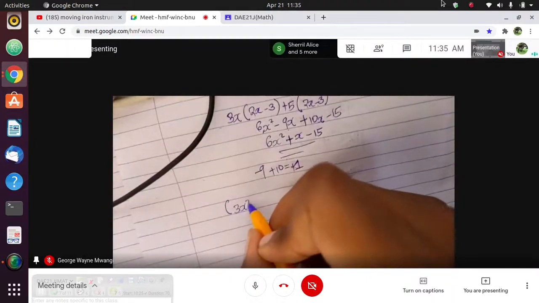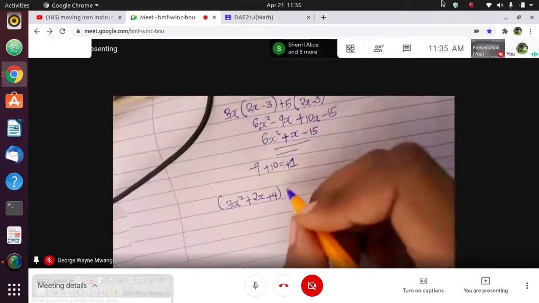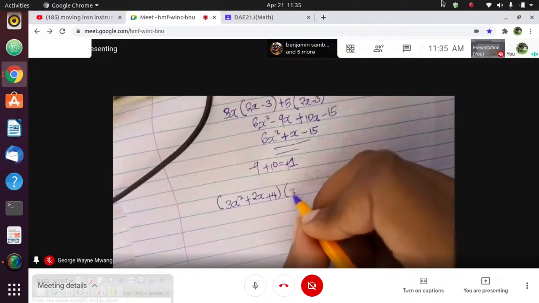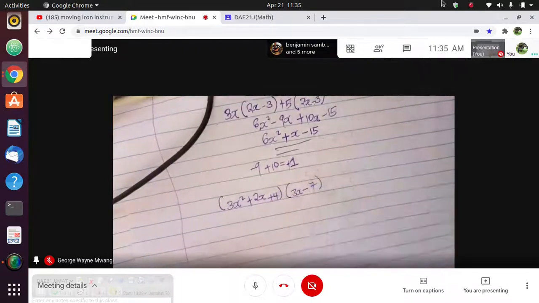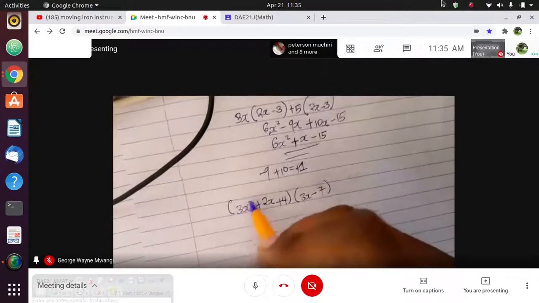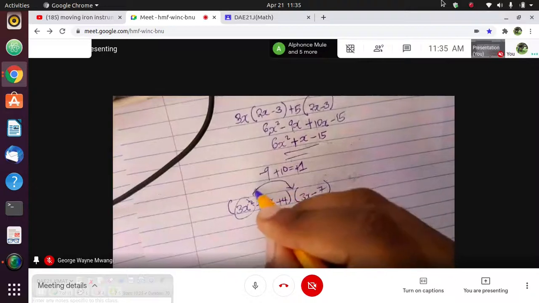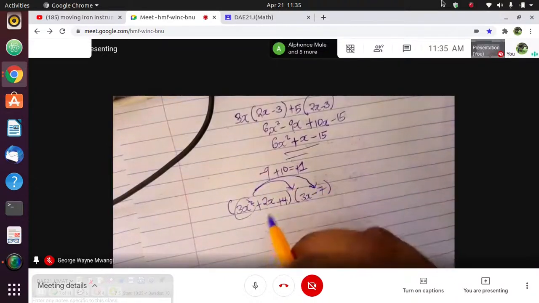3x squared plus 2x plus 4, in brackets, multiplied by 3x minus 7. We do what? We take the first value and multiply it by each value in the second bracket.